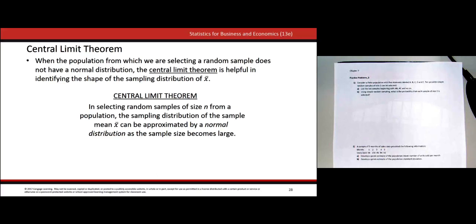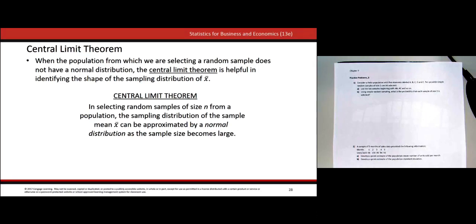So we are selecting a sample of size n from a population. The sampling distribution of the sample mean can be approximated by a normal distribution as the sample size becomes large, due to the central limit theorem. If the population is a normal distribution, then the sampling distribution of x bar, the sample mean, is normally distributed regardless of the sample size.